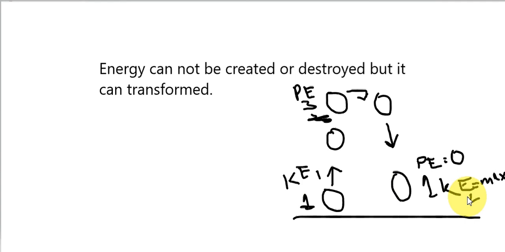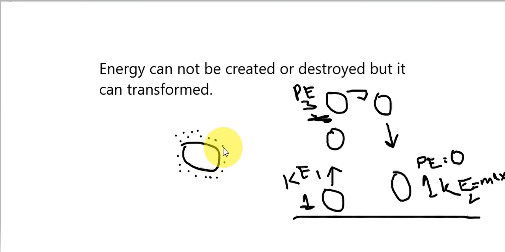But now we have to think why this kinetic energy 2 is less, because the first law of thermodynamics states that energy cannot be destroyed, so it must have been transformed. So if you look at the microscopic level, when the ball was falling, the ball was interacting with the molecules of air.